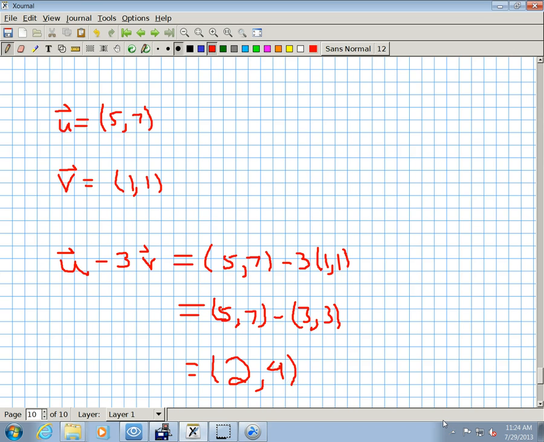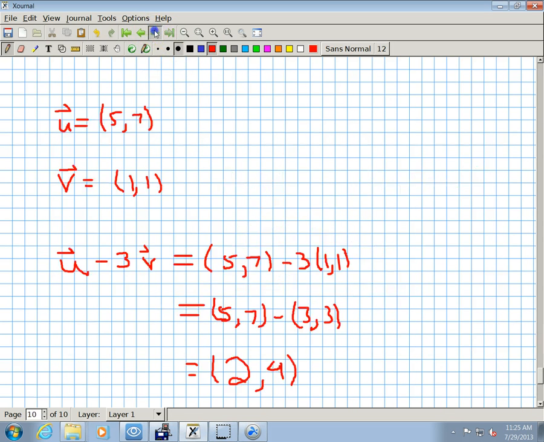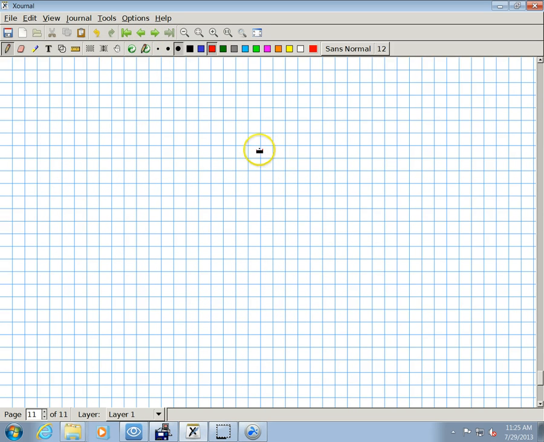Okay, what if, all right, let me try this. Everyone okay with this? You got this? All right. What if I define my vectors by their endpoints? What if I say one endpoint is at negative 3, 1?